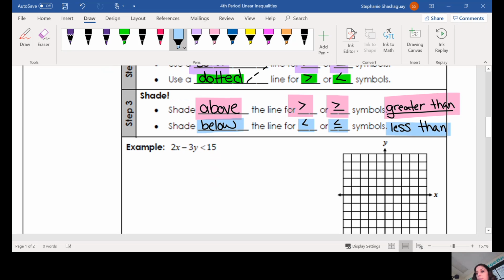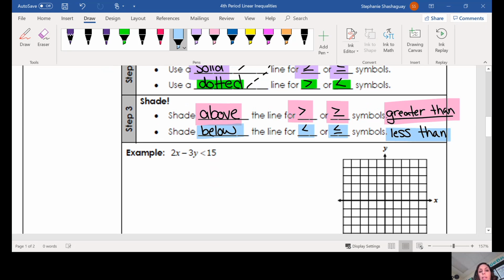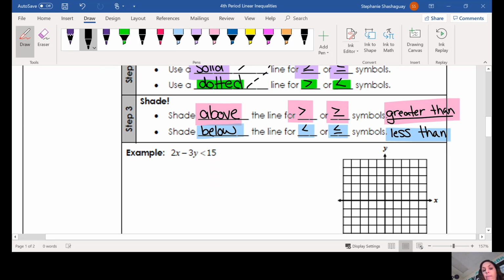So let's practice with this example here. Okay, so we have 2x minus 3y is less than 15. So the first thing we need to do is write this in slope-intercept form. So that's our first step, is to rewrite it in slope-intercept form.